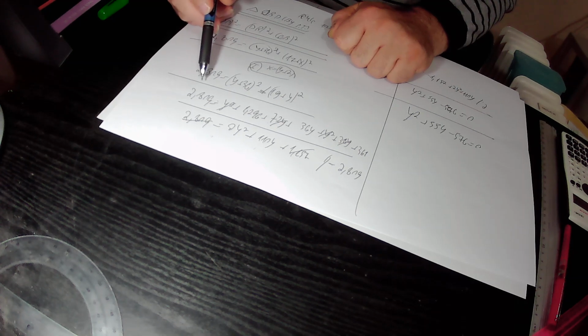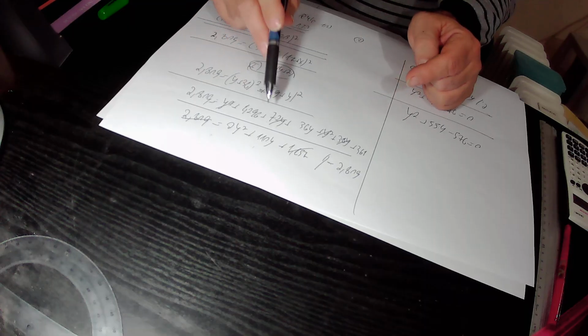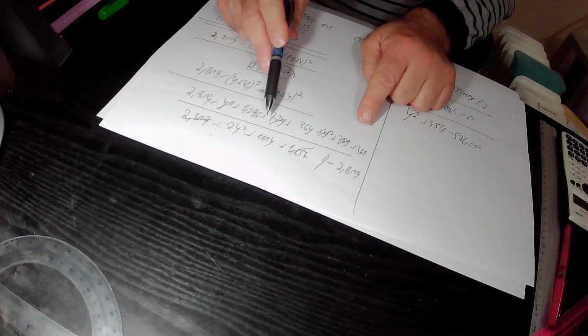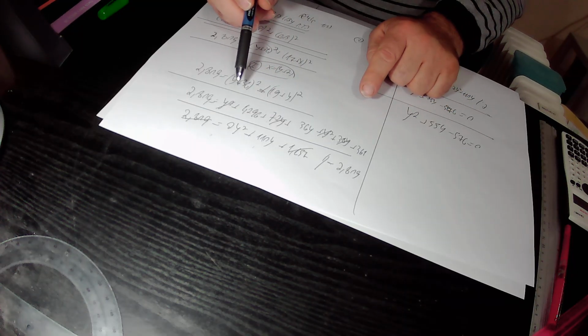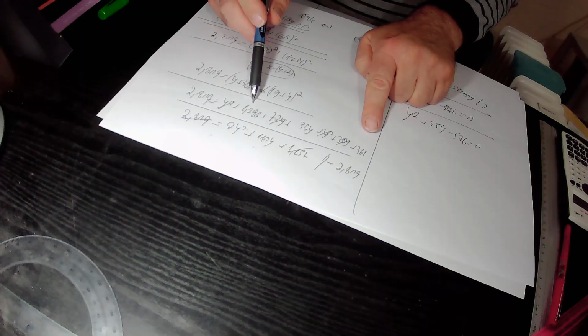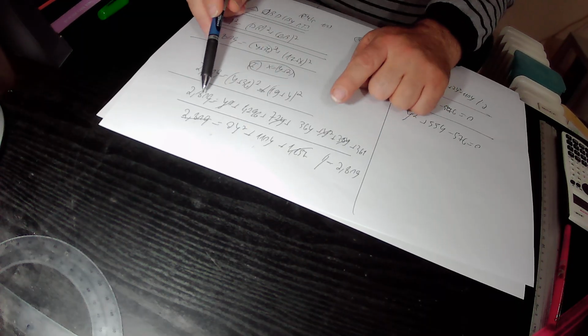So on this side of the equation we have y squared plus y squared, that is 2y squared. Here we have 72y plus 38y, that is 110y. And we also have 1296 plus 361, which equals 1657.